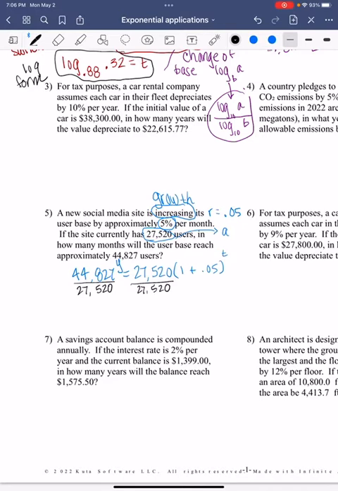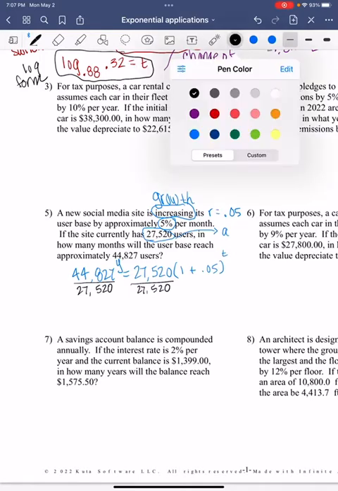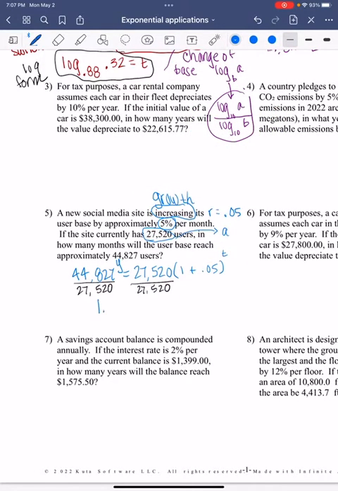Okay, and when you do that, you're going to get 1.628 repeating, so like 1.63. And then this becomes 1.05 to the T.